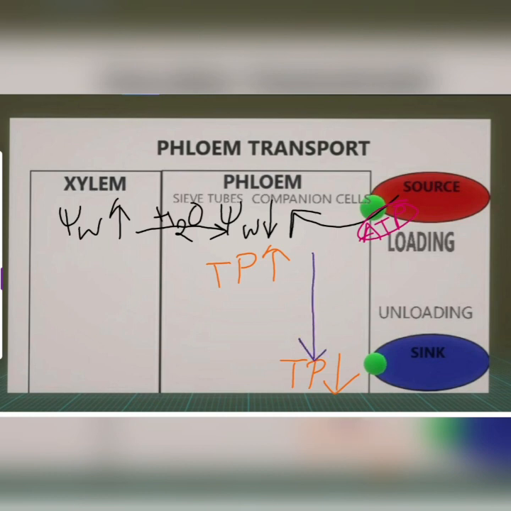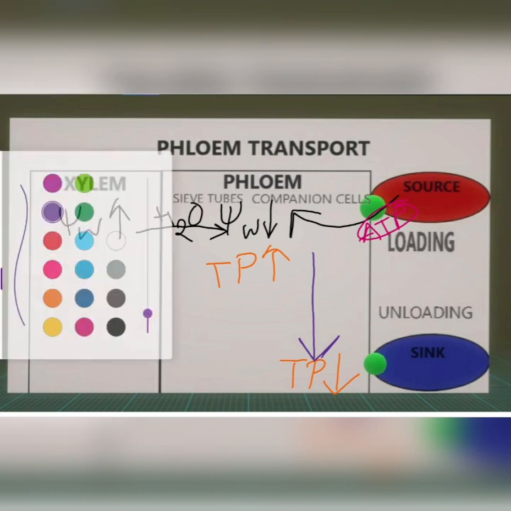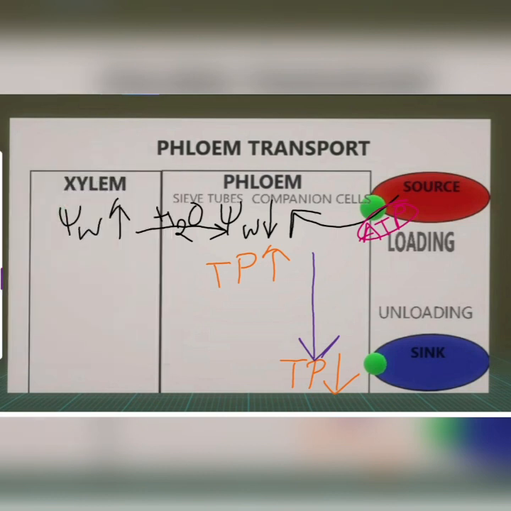So it will move from source to sink, from high turgor pressure to low turgor pressure, and along with it, it is going to carry the sucrose molecules and other organic and inorganic compounds. So here what we have received is water, that is H2O, plus I'm writing sucrose over here.